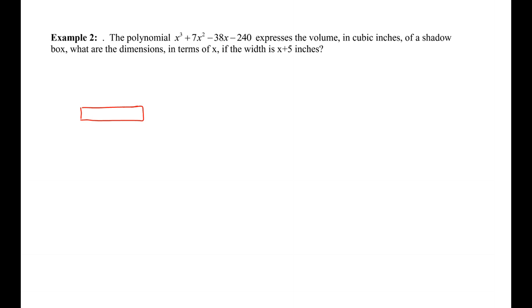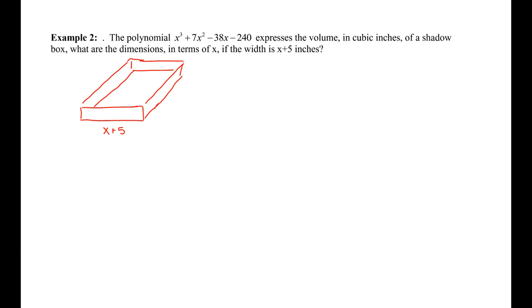So if we're drawing a box, right, so here's a sketch of my shadow box, and I know that the width has the dimension x plus 5, and I'm trying to find the length and the height.